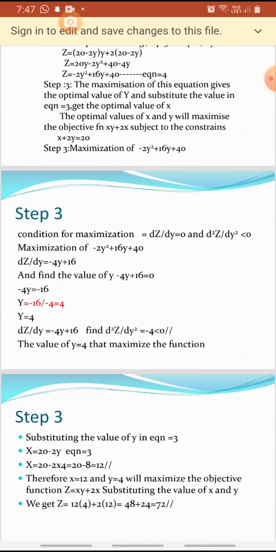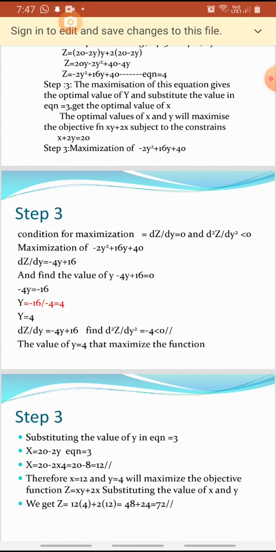For finding the optimum values, the condition for maximization is that dz by dy is equal to 0 and d square z by dy square is less than 0. So it will maximize the function.